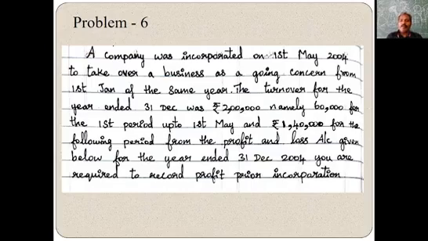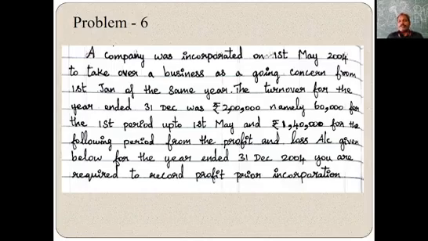So they have given sales for the year 2 lakh, out of which 60,000 for the period up to 1st May, remaining 1,40,000 for the period from 1st May to the end of 31st December, right?